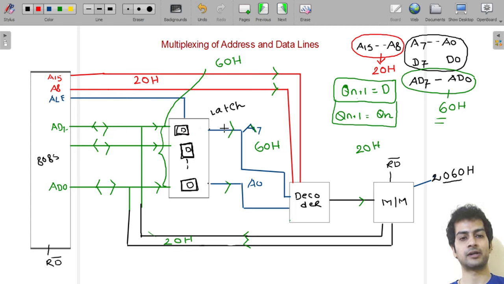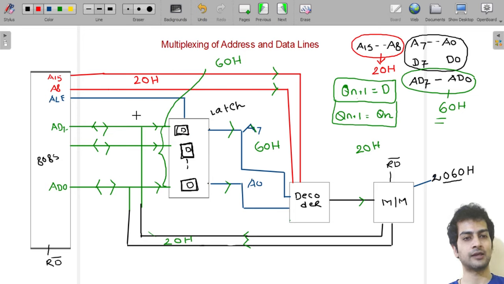And I told you earlier that in the de-energized state, the next state of a D flip-flop is the previous state. And our previous state is 60H. So this 60H will remain intact here. But here our data has changed from 60H to 20H. So it is clear.